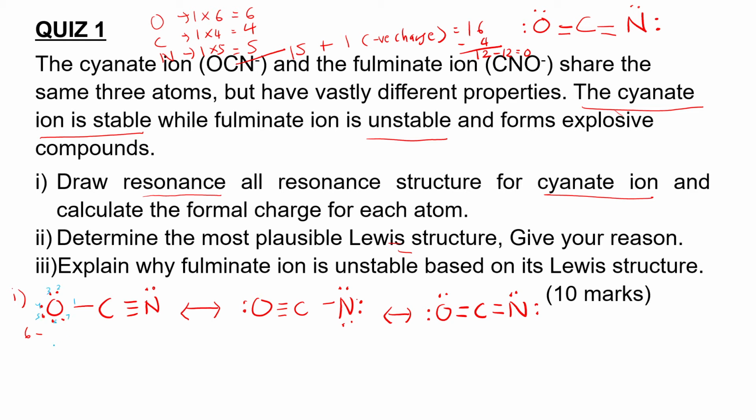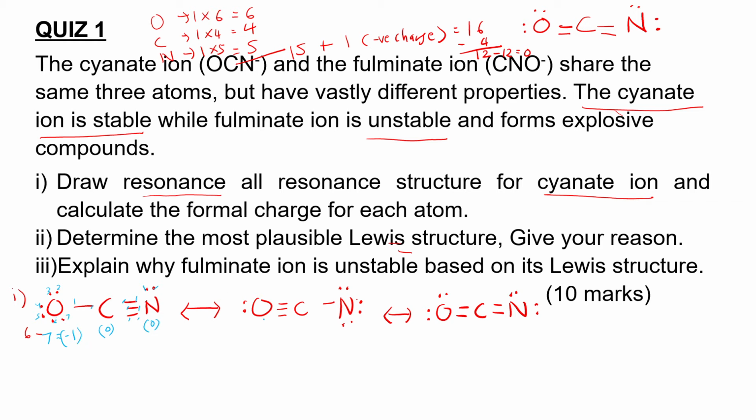So 6 minus 7, negative 1. Here we have 4 valence electrons of carbon minus 1, 2, 3, 4. So 4 minus 4, 0. This one, 5 valence electrons of nitrogen minus 1, 2, 3, 4, 5. 5 minus 5, 0. So we have the negative formal charge on oxygen.